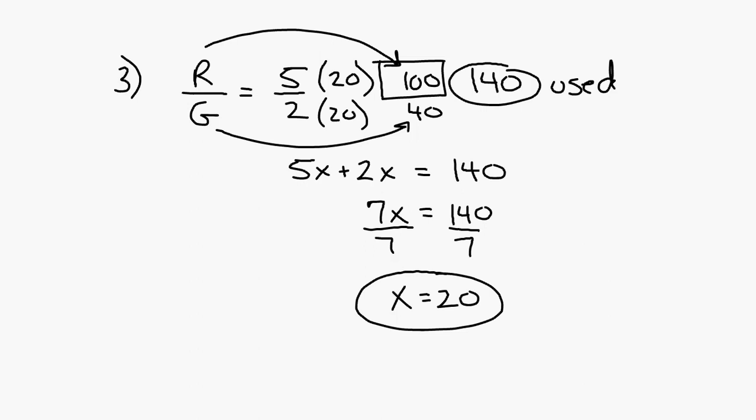Number 4. The measure of two complementary angles are in the ratio of 1 to 9. Complementary angles have to sum to 90 degrees.